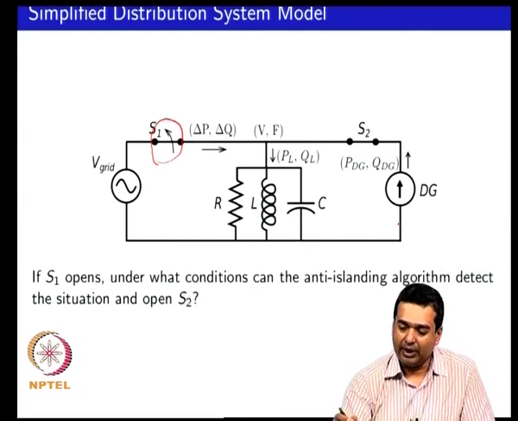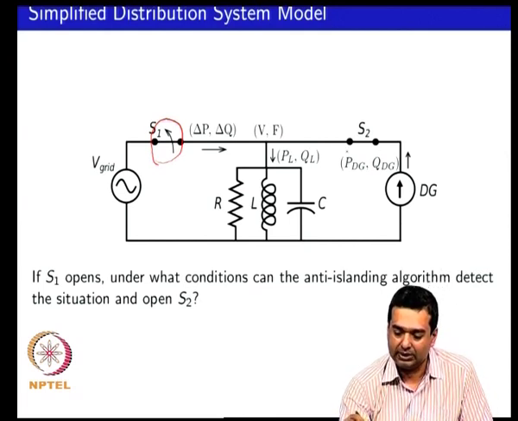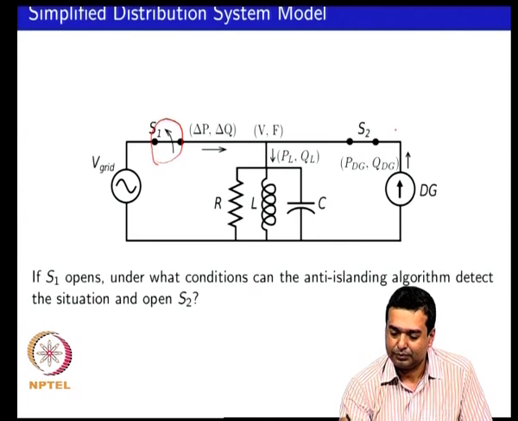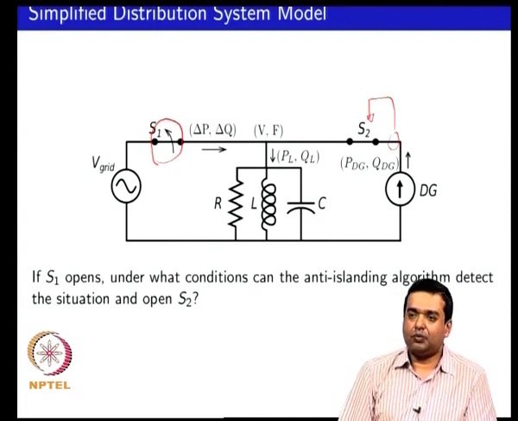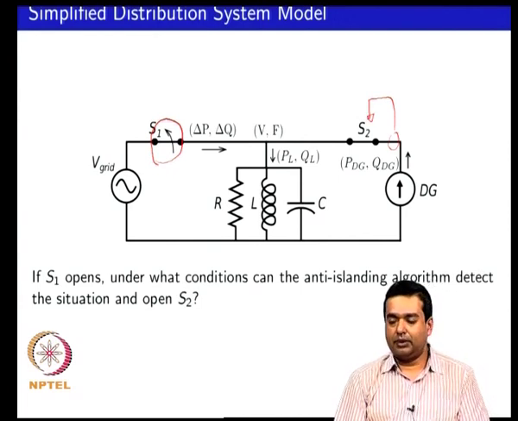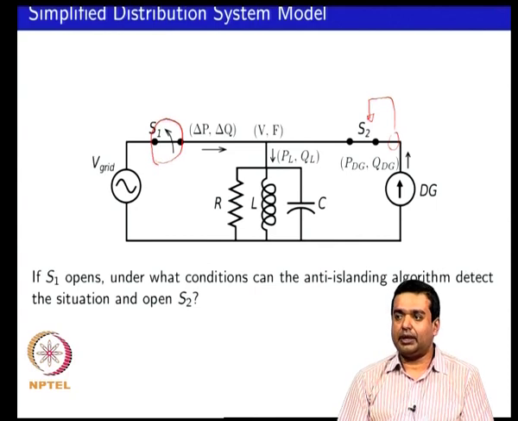So, you monitor the voltage at the DG and make a decision on whether to open the breaker located at the DG.